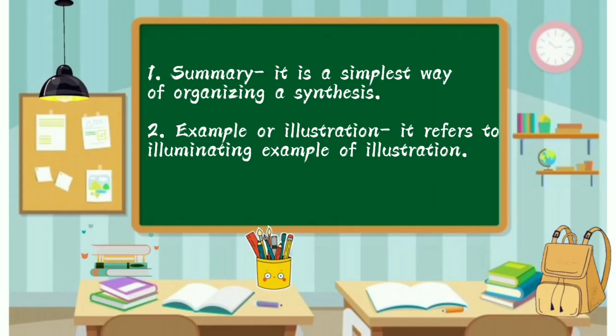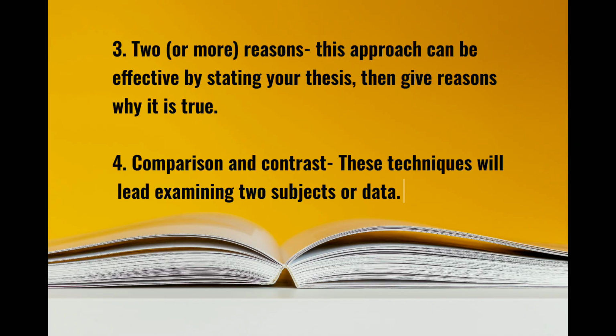It refers to an illuminating example or illustration. And then the third, two or more reasons. This approach can be effective by stating your thesis, then giving reasons why it is true. And then fourth, comparison and contrast. These techniques lead to examining two subjects or data.